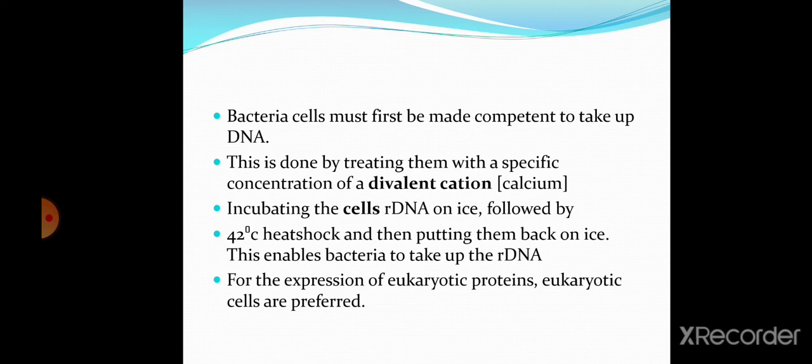By doing such a process, this enables the bacteria to take up the recombinant DNA. Now, for the expression of eukaryotic proteins, only eukaryotic cells are preferred, not the prokaryotic cells.